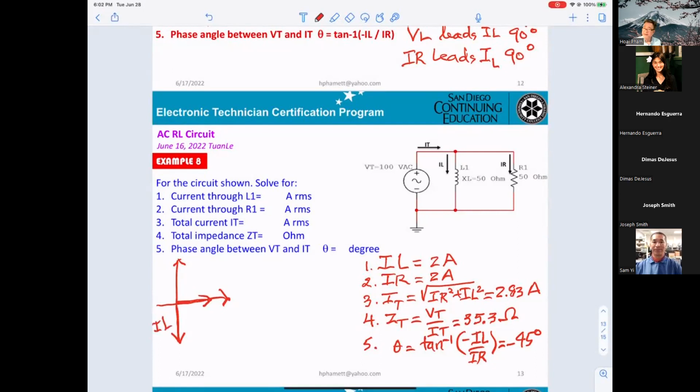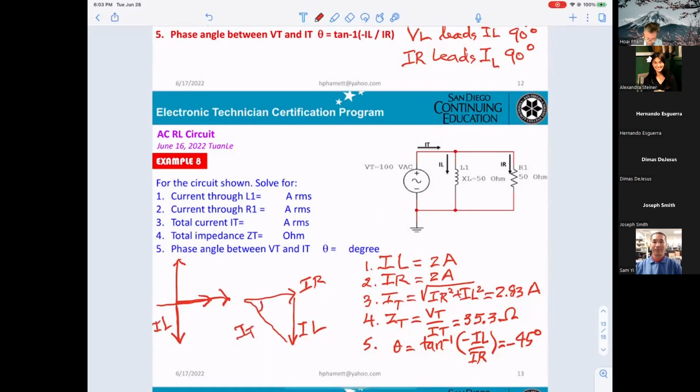Okay? And now you can draw the vector here, IR, IL going down. When you connect that one here, that will be I total.